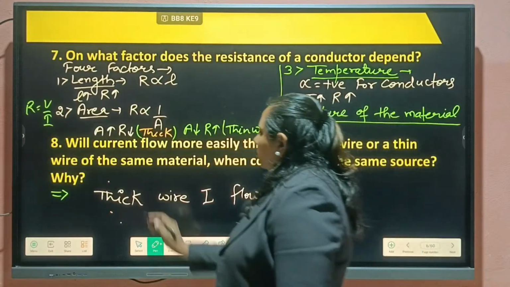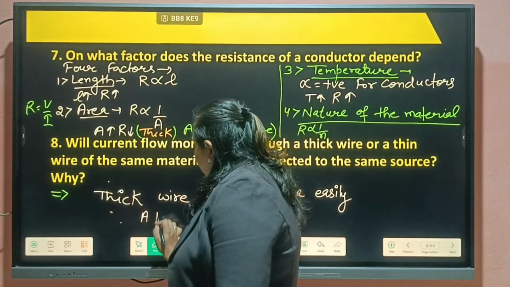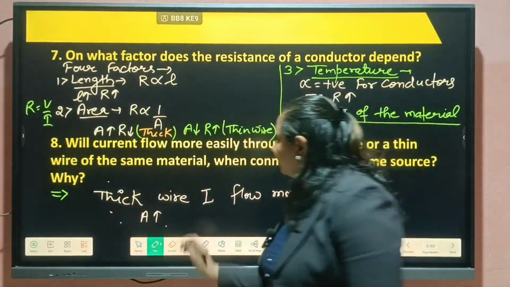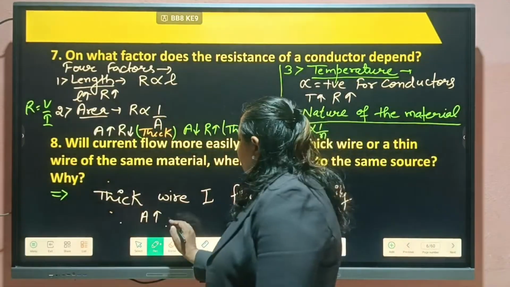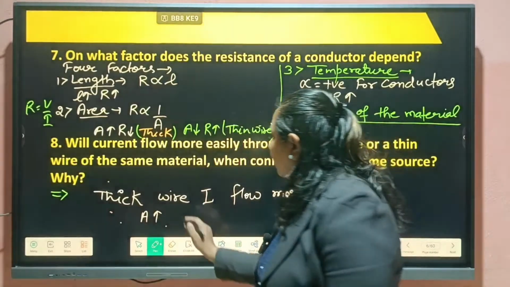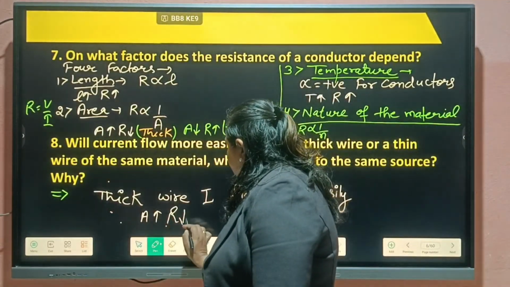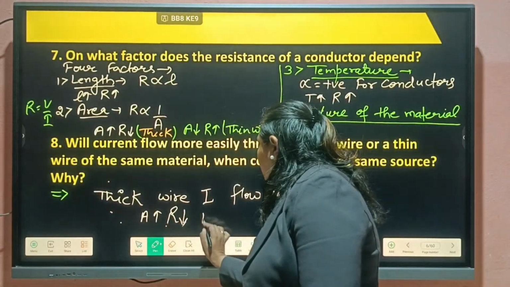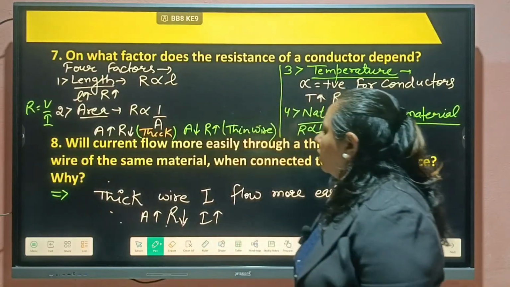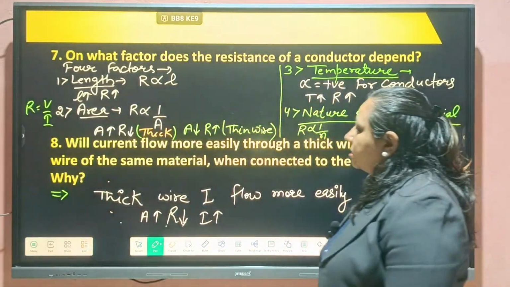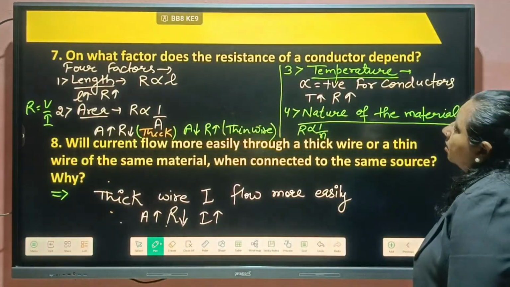Why? The thick wire has more area, and resistance is inversely proportional to the area. So R is less, so according to Ohm's law, more current flows through it. So the answer is the thick wire.